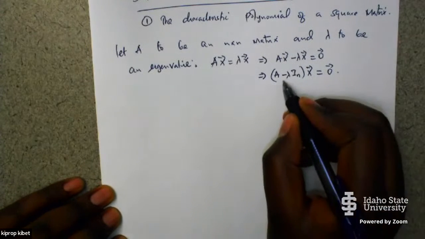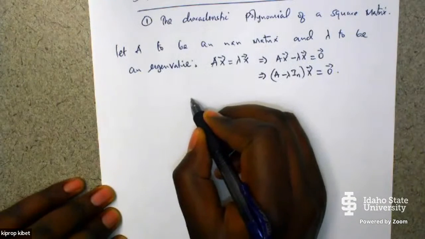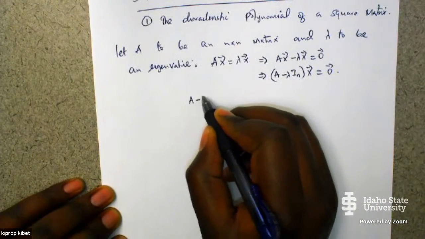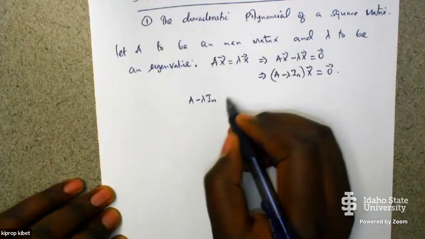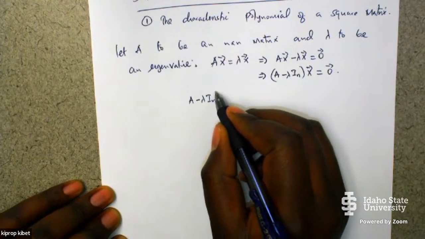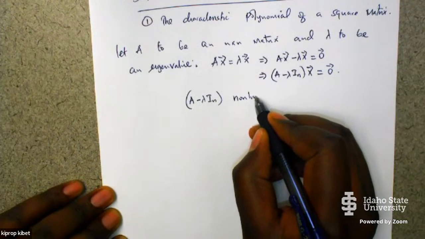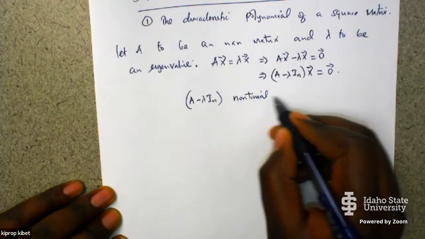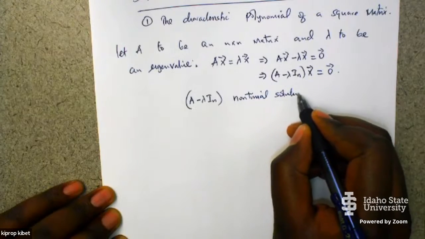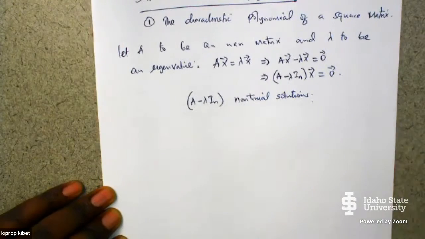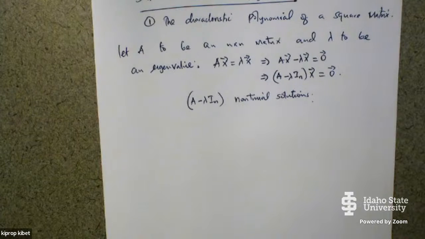So here, the solution of A minus lambda I will give us non-trivial solutions, if we remember.